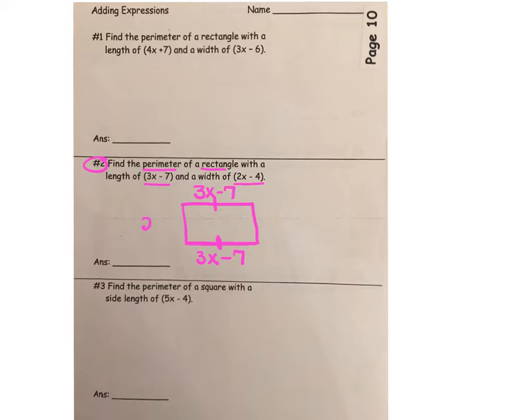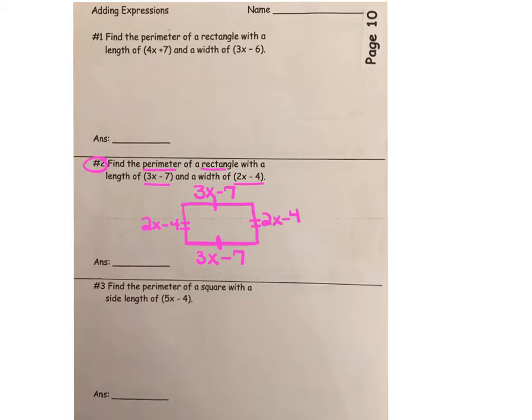If the width is 2x minus 4, or the left side, then the right side is congruent. It is also 2x minus 4. Please record these notes on your paper.